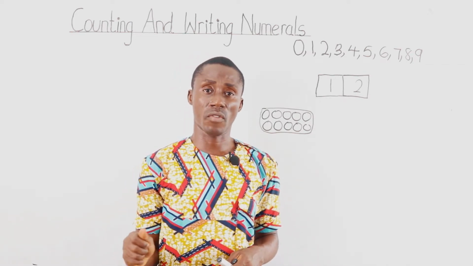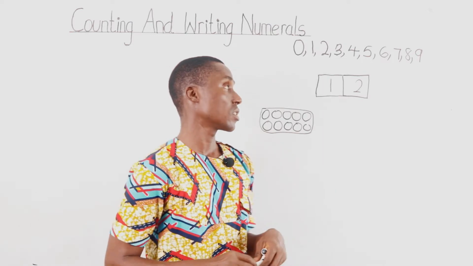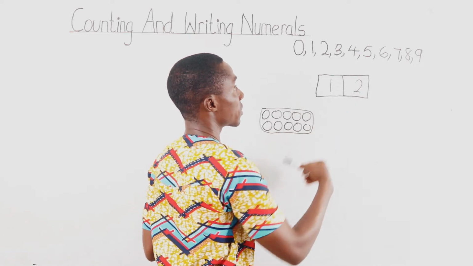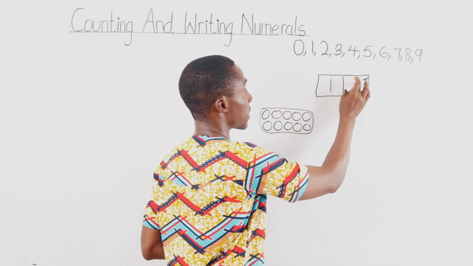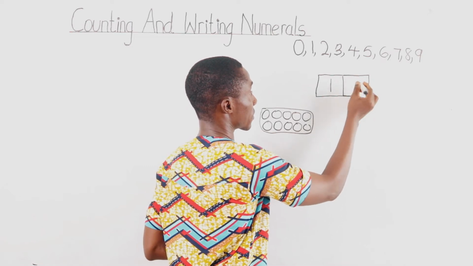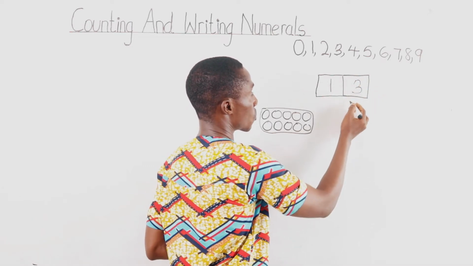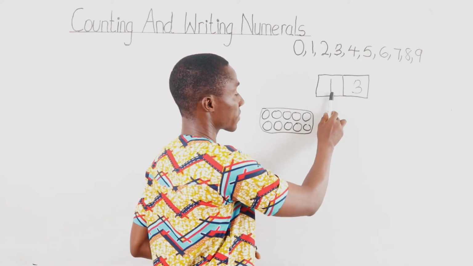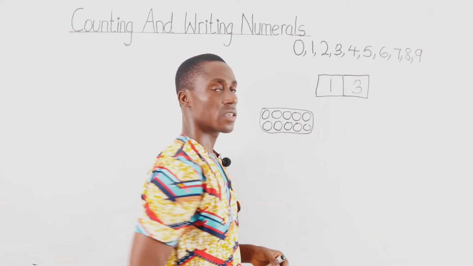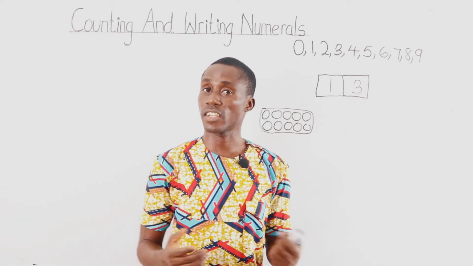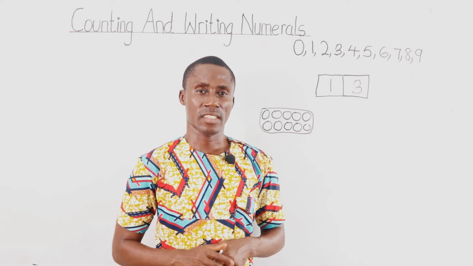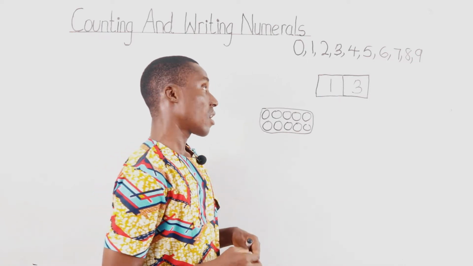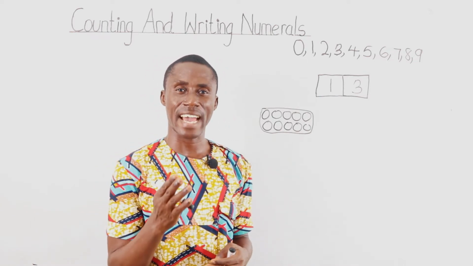We add one more orange to the 12 oranges, and the new one will increase this value here to 3, and therefore we will put the digit 3 into the first number place, and that will give us 1 ten, 3 ones.